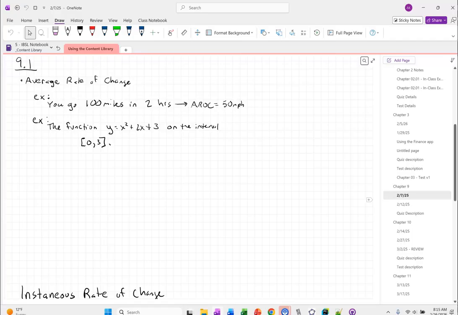So let's look at calculating the average rate of change on some function. Remember, when we say average rate of change, we are just talking about slope. Okay, average rate of change is just slope.